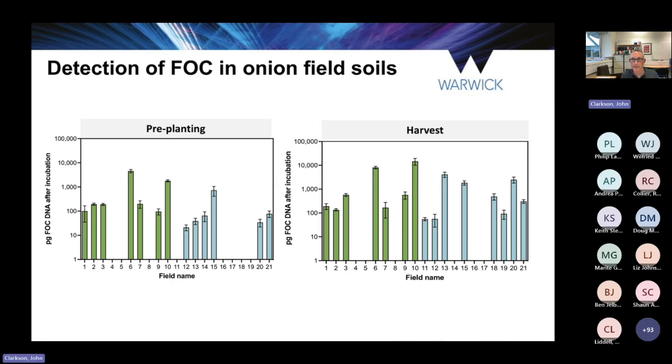We then went to the same sites at harvest time, and you can see we get pretty much the same result, although we do get a few extra field sites lighting up. So it does look like this enrichment protocol has some potential to determine the amount of FOC pathogen in soils.